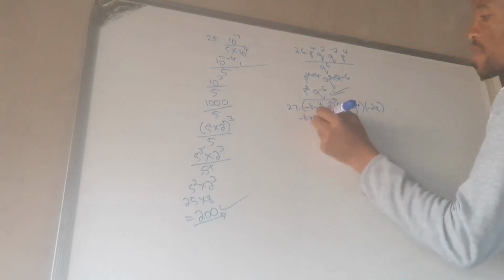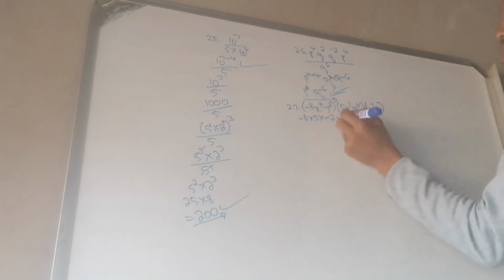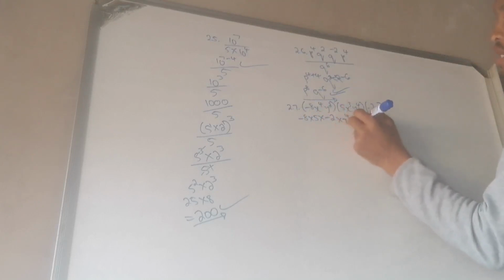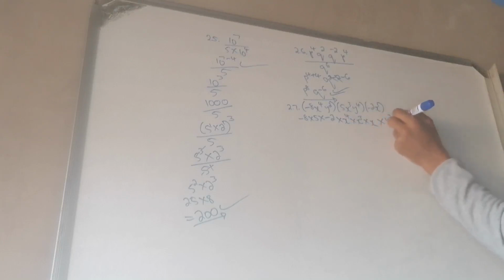Then the x's: x4 times x3 times x1. Then multiply y squared by y4.